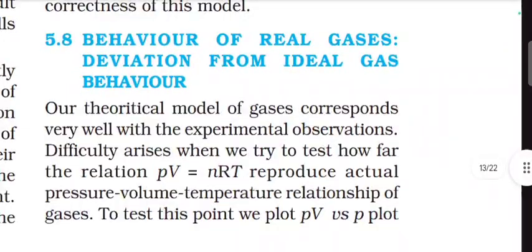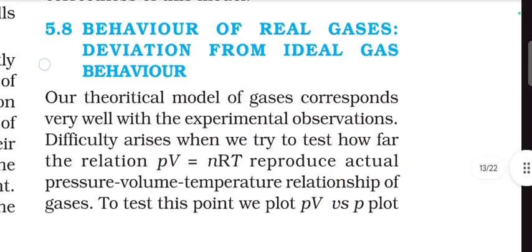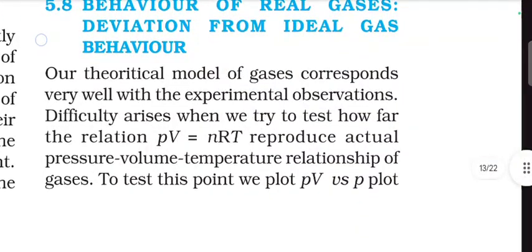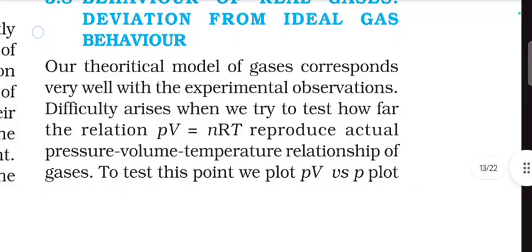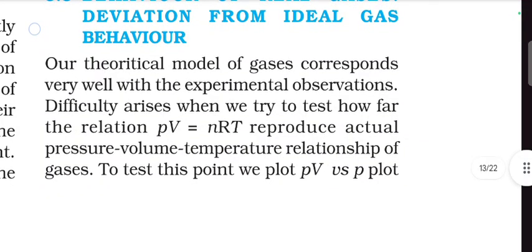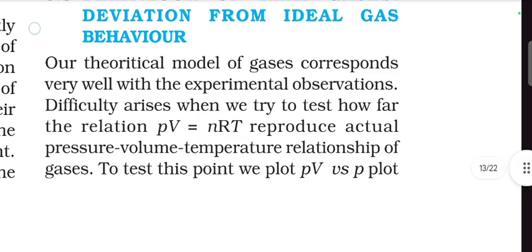Behavior of real gases: deviation from ideal gas behavior. Our theoretical model of gases corresponds very well with the experimental observations. Difficulty arises when we try to test how far the relation PV = nRT reproduces the actual pressure-volume-temperature relationship of gases.